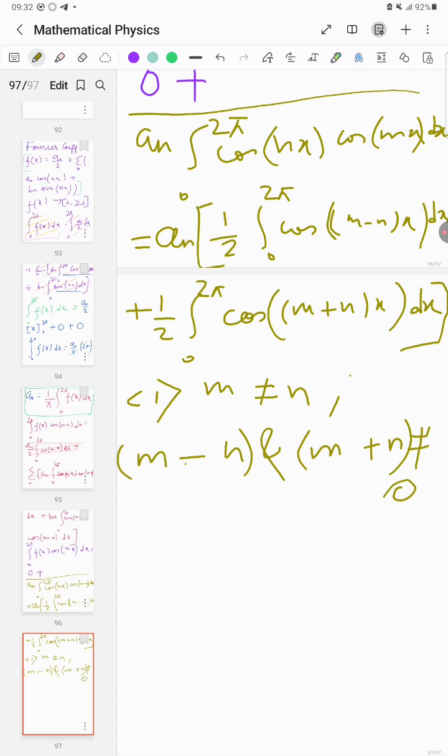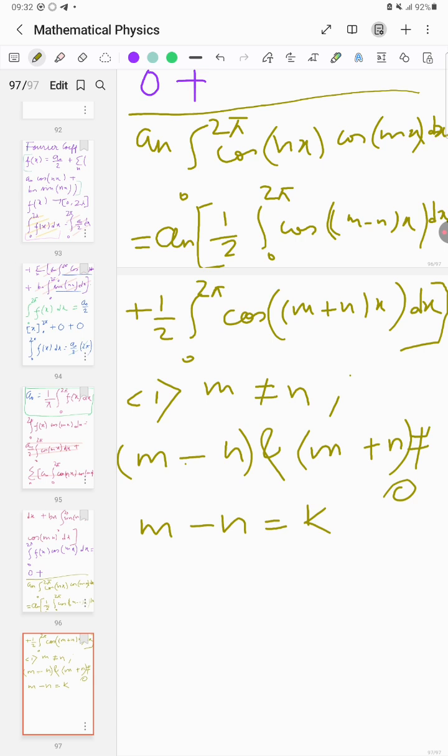So we use this result. Let us put m minus n as k. All right, and what do we know?